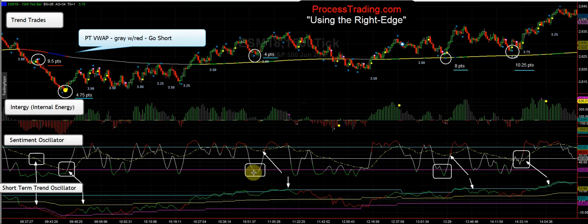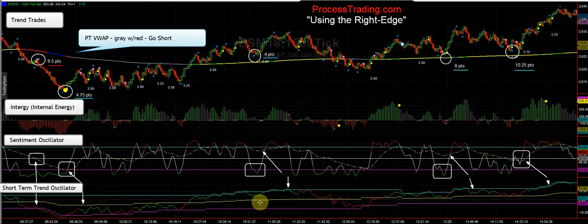The momentum, kind of like a temporary thing, went all the way down below, and now it's going back up, and we see on the energy a red or a yellow indication right here of strength coming in. We also see the short-term trend oscillator is hugging the upper bound here.